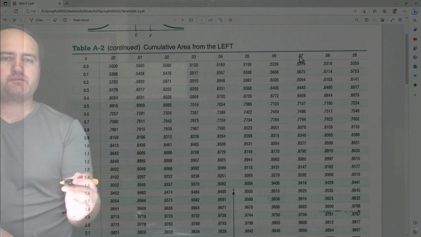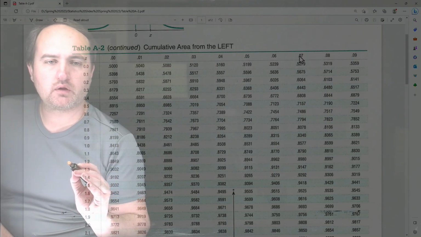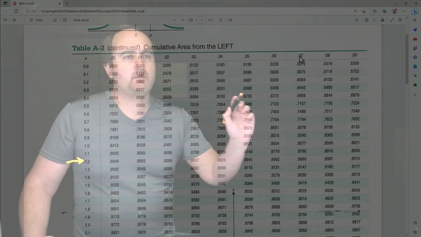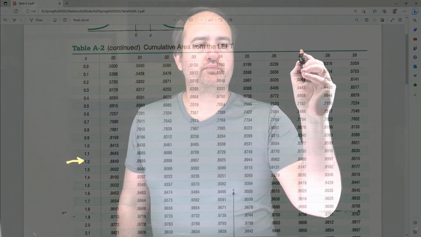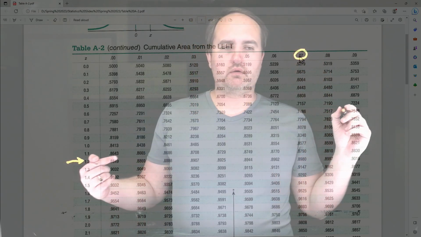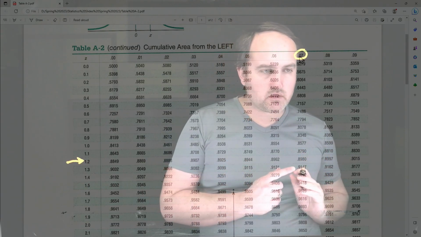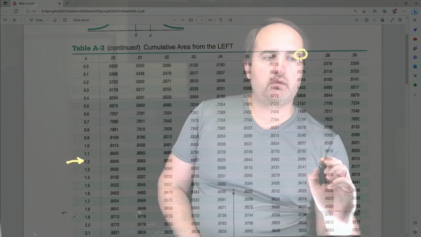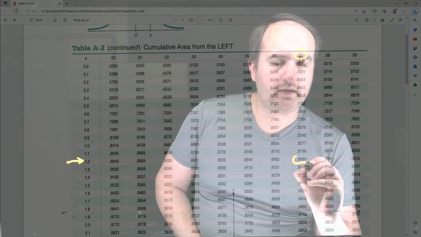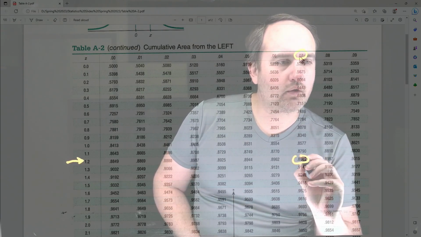On the left side, we've got a row of 1.2, which is right here. And then we've got a column of 0.07, which is up here. Where the row and the column meet gives us the area that they were referring to. So that's where they got the 0.8980.